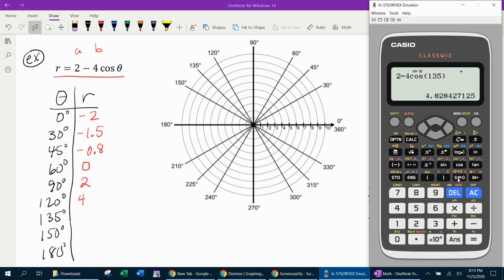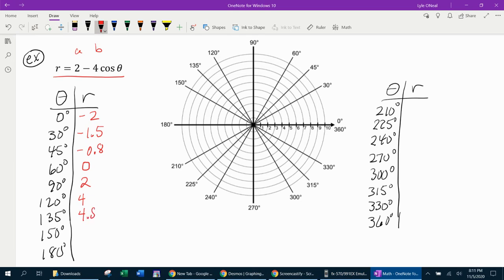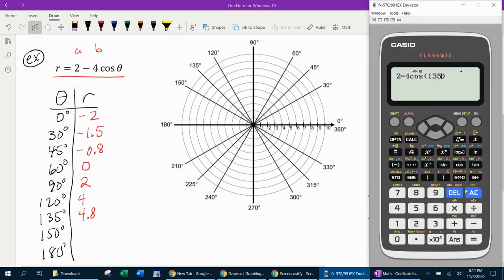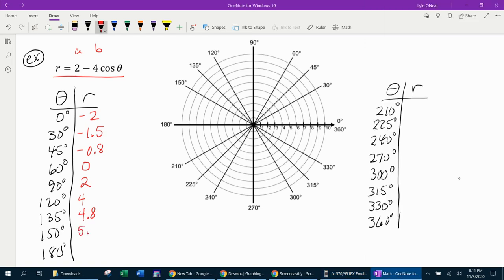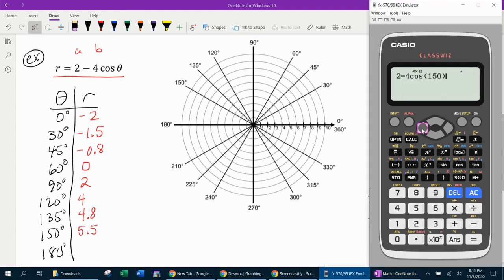Approximate. 4.8. 150 is 5.5 approximately. 180 is 6.